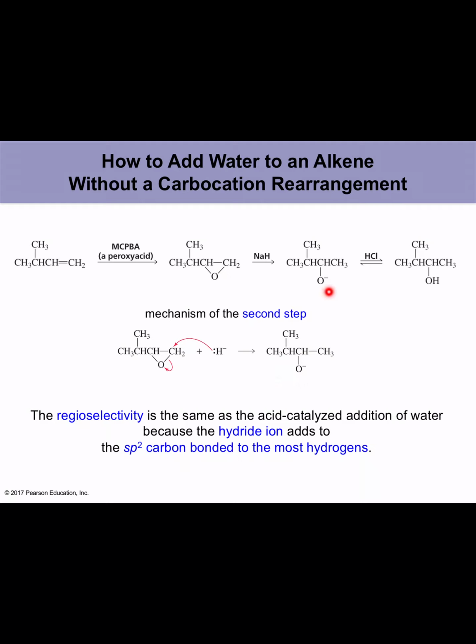So this is that step, and then when you add the hydrochloric acid, oxygen takes a hydrogen from the acid and becomes an alcohol. So the previous one is the alkene. Hydration under acidic medium can undergo carbocation rearrangement, but in the second one, if you do the same reaction with an epoxide, we can achieve what we want without carbocation rearrangement.